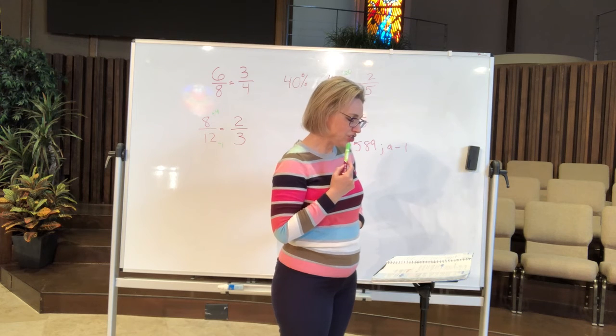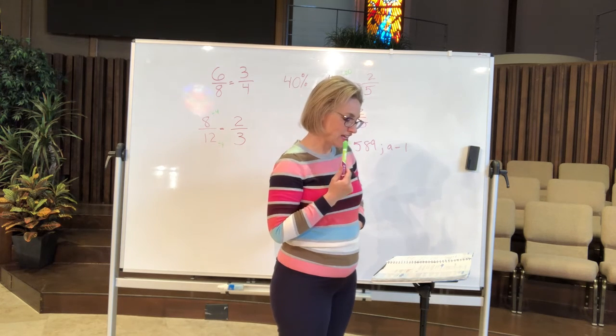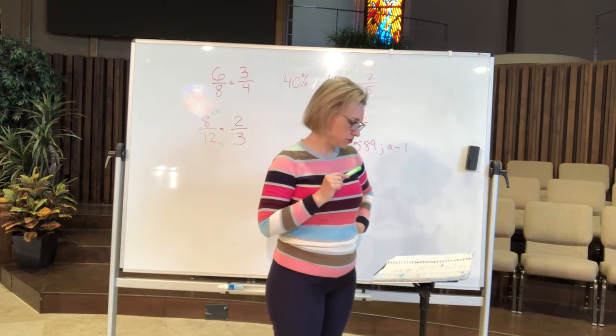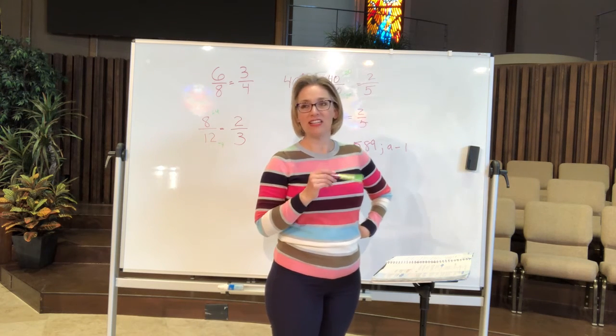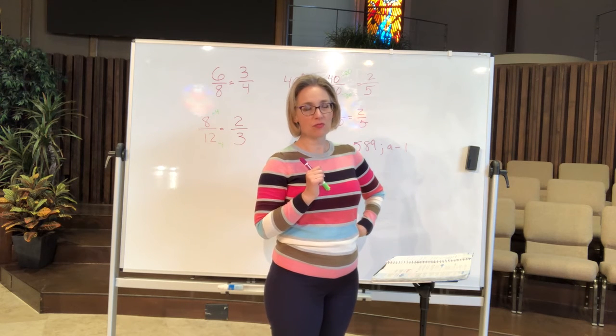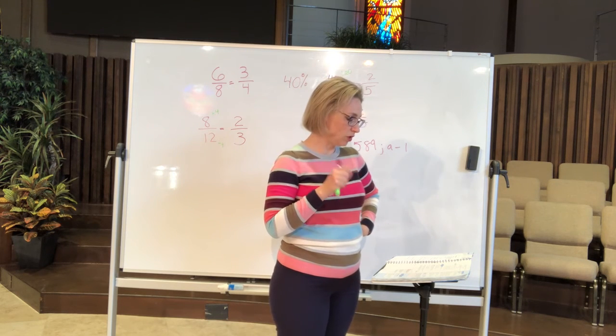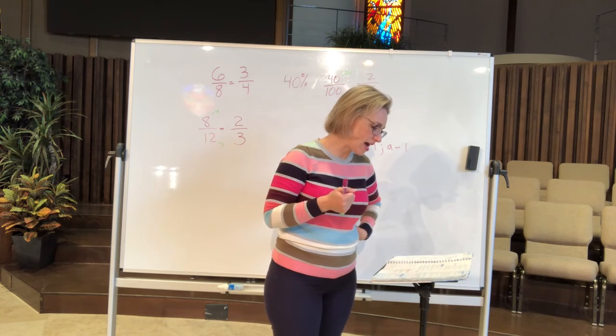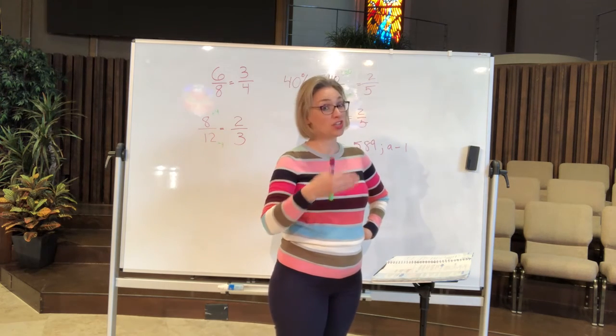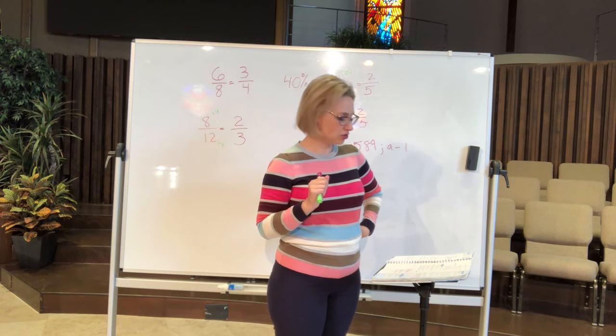And then G, H, and I, you have to do the operation on the fractions first, okay? Or add, or subtract, or whatever it is that you need to do to the fraction to start with. So on G, you're going to add, on H, you're going to multiply, on I, you're going to subtract. And then once you get the answer, reduce it to simplest terms.